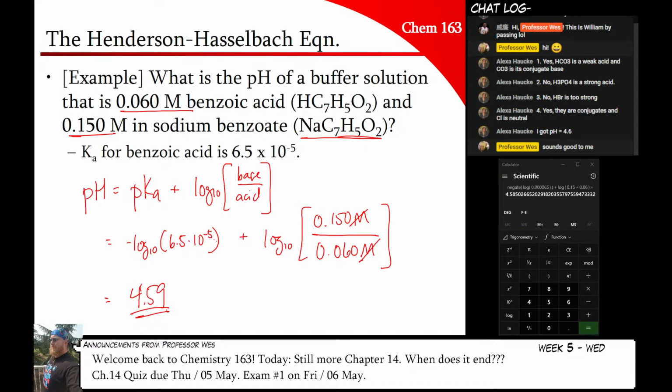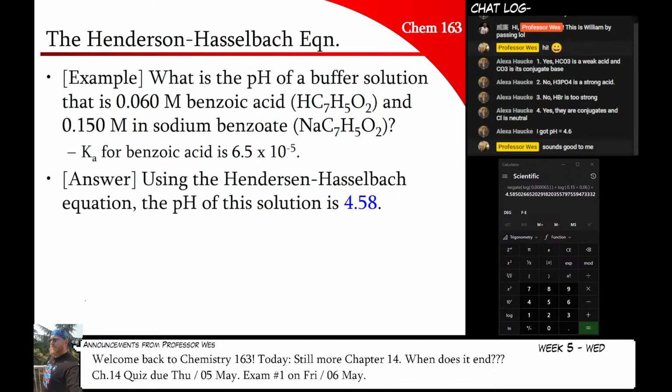Could not be easier. All right. So this is going to make our buffer calculation so much easier.